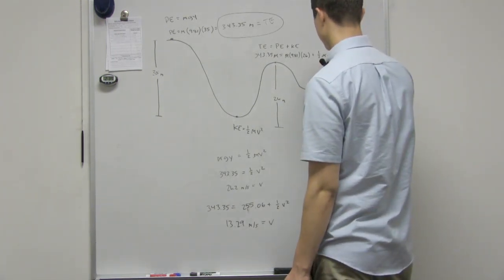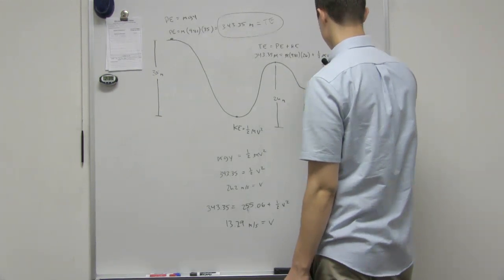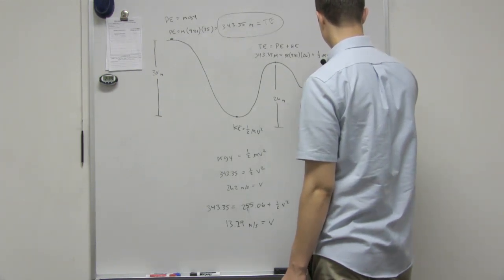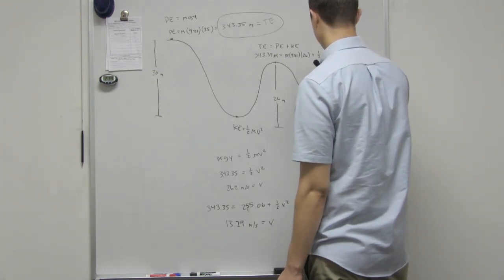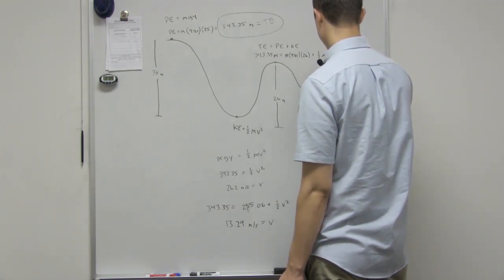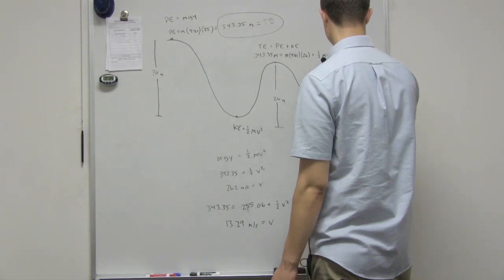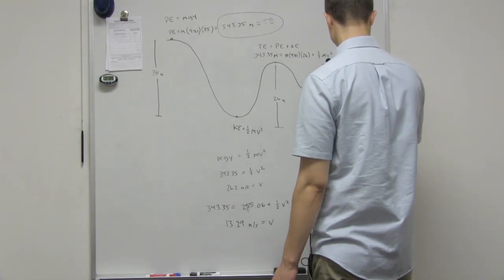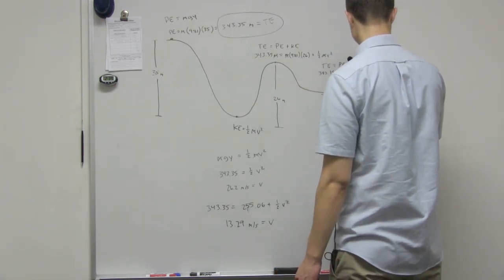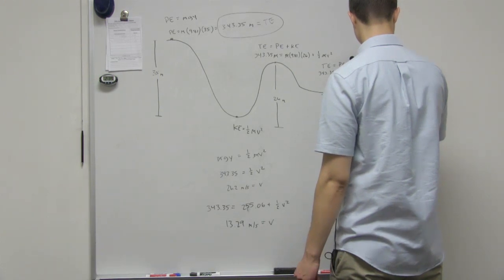So again, TE equals PE plus KE. Plugging in our numbers, we would get 343.35 M equals M G Y plus 1/2 M V squared.